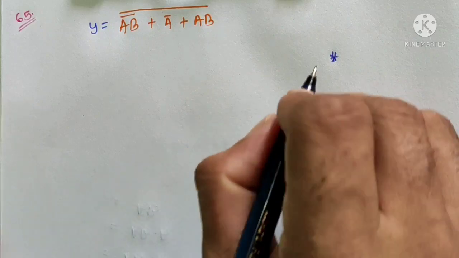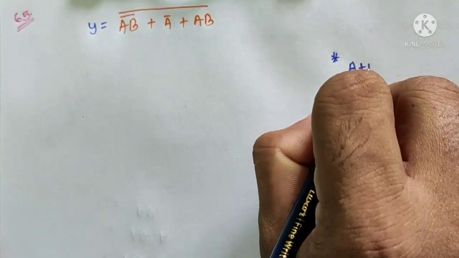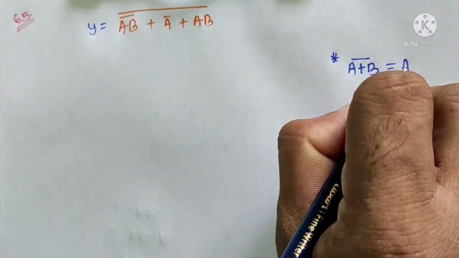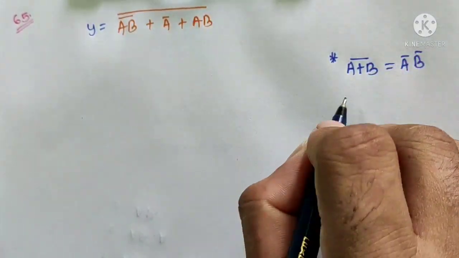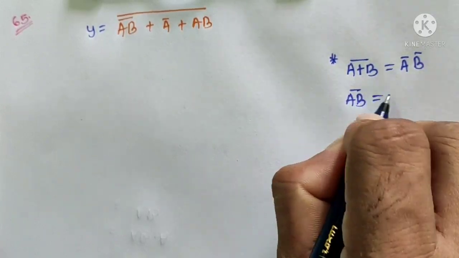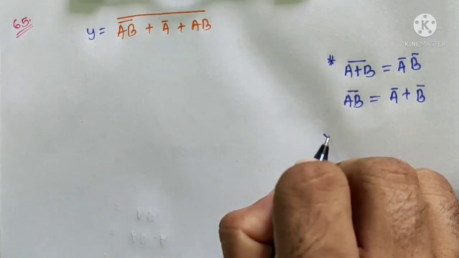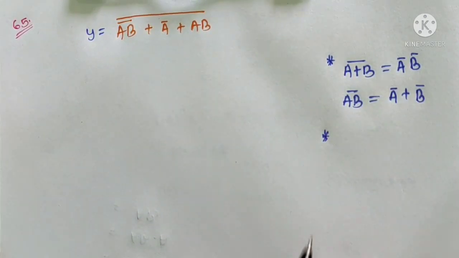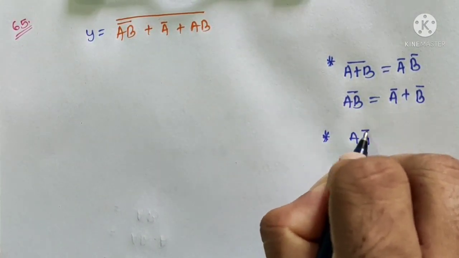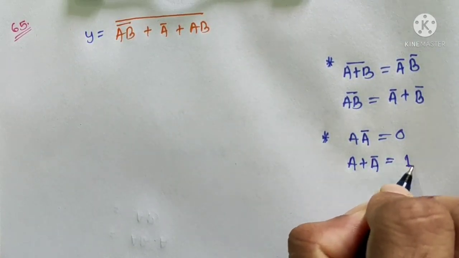We know that from De Morgan's theorem, (a plus b) complement equals a complement b complement, and the second statement is that (a b) complement equals a complement plus b complement, and also we know from Boolean theorem that a a bar equals 0, a plus a bar equals 1.